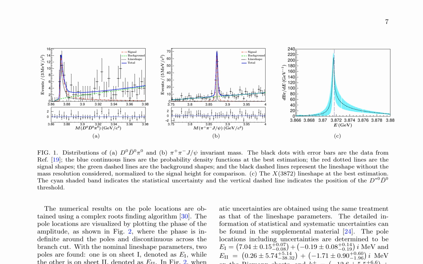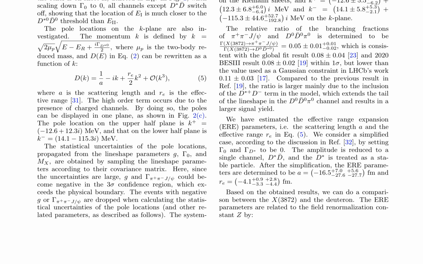The relative ratio of branching fractions for π+π-J/ψ and D0 D̄0 π0 is calculated to be 0.05 ± 0.01 (+0.01, -0.02), consistent with previous studies within 1 sigma. This finding is significant, as it provides insight into the resonance's decay patterns.